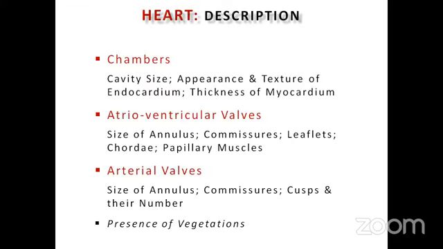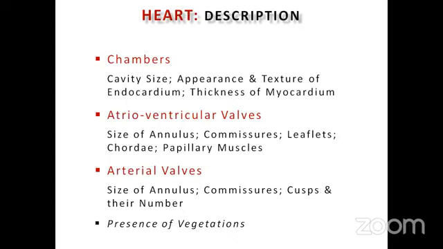Now, the chambers are described with respect to the cavity size, the appearance and texture of the endocardium, and the thickness of the myocardium, which has been covered previously. The atrioventricular valves are described with reference to the size of their annuli, the commissures, leaflets, chordae, and papillary muscles, while arterial valves are described again with reference to the sizes of the annuli, commissures, and cusps.